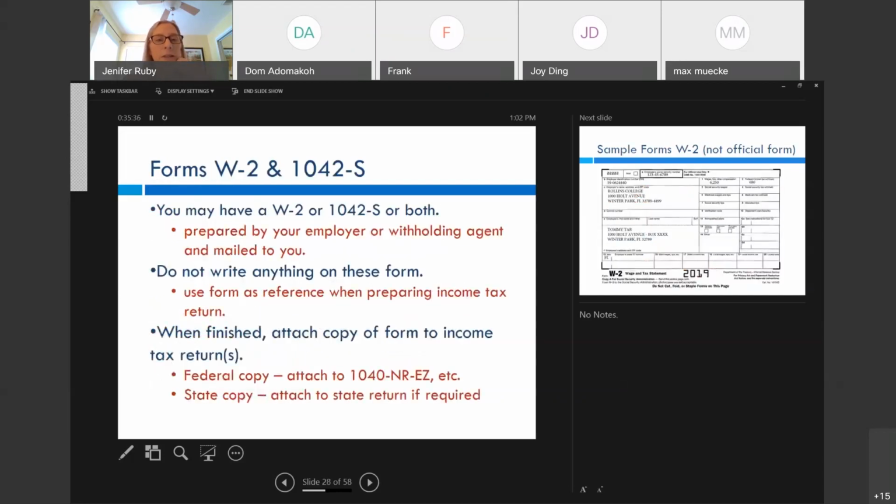Okay, so we already talked about the W-2 or the 1042S. These are just your information forms. You don't write on them, you don't fill out anything on them, you leave them blank and you use them to reference when you're filling out your income tax return. And then you attach them to the 1040 NREZ.